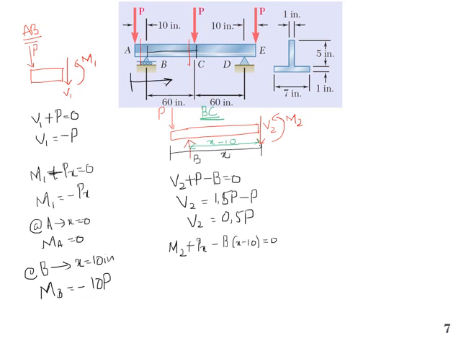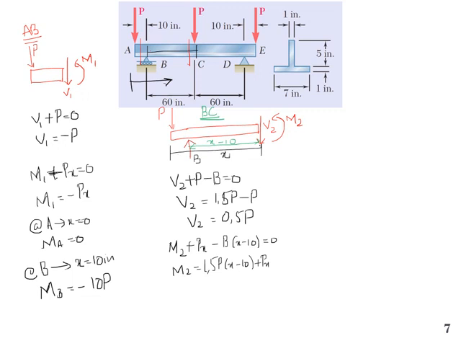And this is only valid from B to C. Or for M2, I can write simply P times X, changing the value of B, that is 1.5 times P, so this will be 1.5 times P into X minus 10 plus Px.